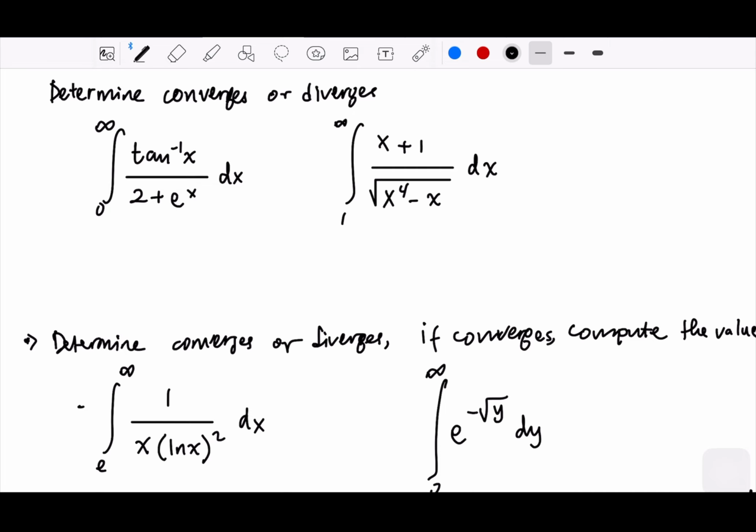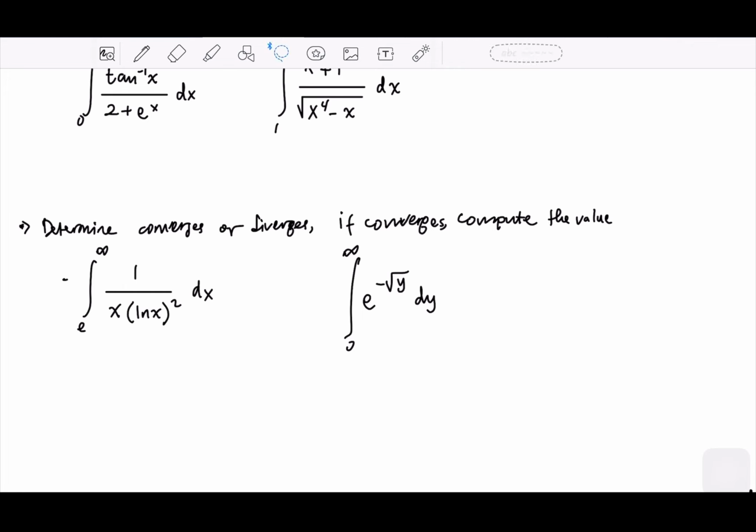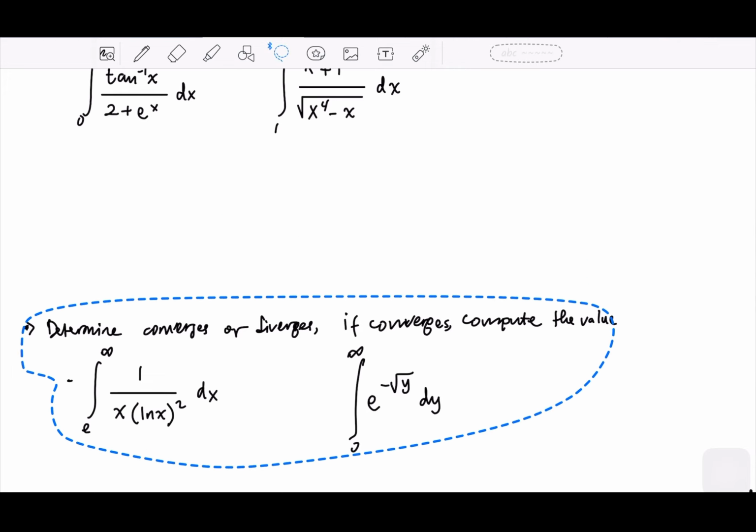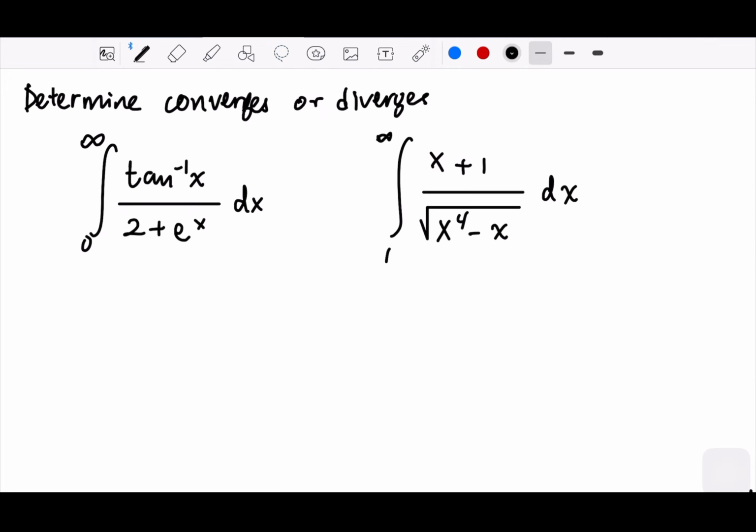So we could first try out and convince yourself that this tangent inverse is going to be less than pi over 2 and also less than 2.